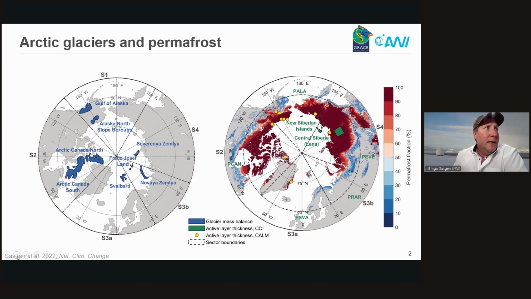So we decided to include permafrost data, active layer thickness, specifically from a remote sensing product, but also from in situ data, to trace this back to a temperature forcing that should then synchronize with the temperature forcing that you would expect for the glacier systems. So this was the idea to fuse these different observations.